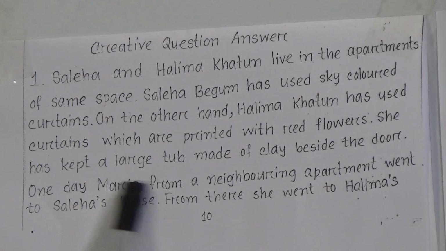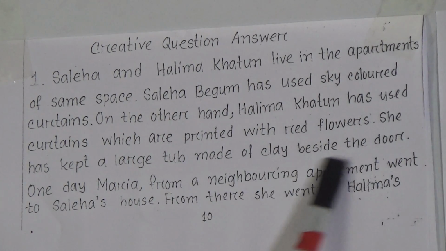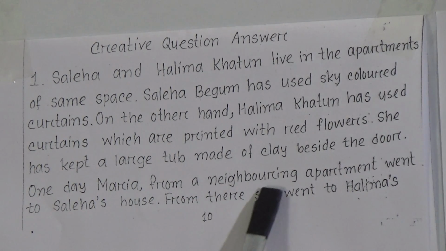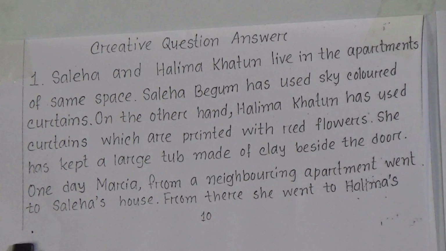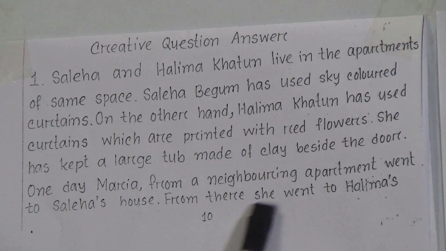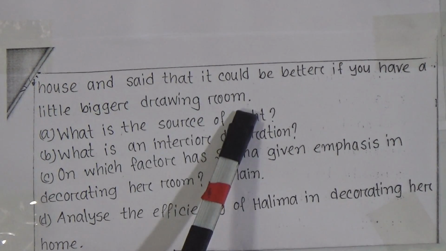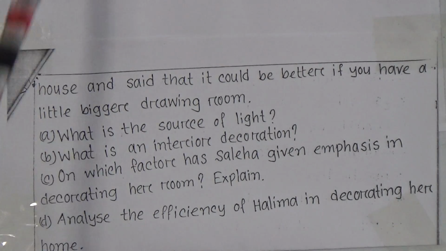She has kept a large tub made of clay beside the door. One day, Maria from a neighboring apartment went to Saleha's house. From there, she went to Halima's house and said that it could be better if you have a little bigger drawing room. This is the stem.